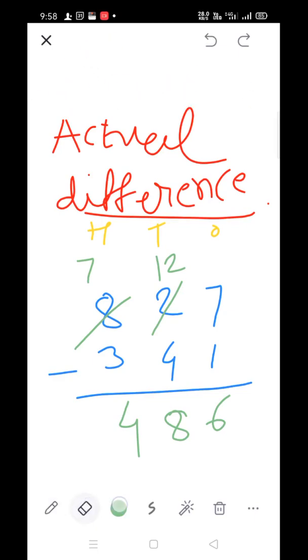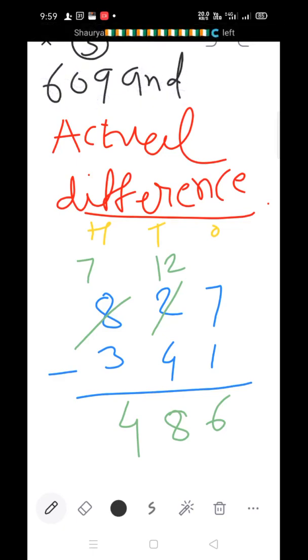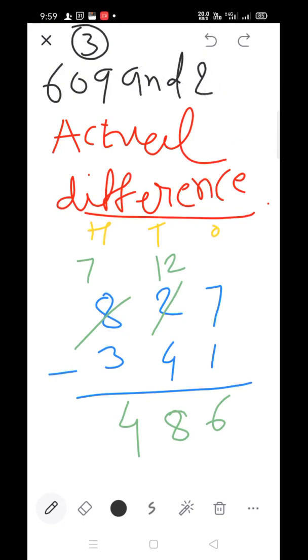What I say, you don't have to tell me. Estimate the difference between 609 and 283. Third example, estimate the difference between 609 and 283.